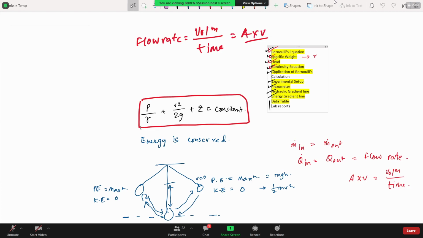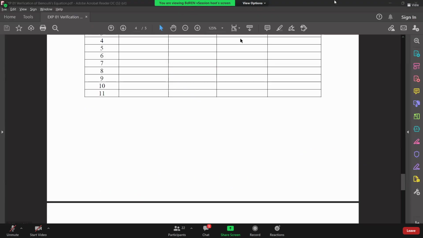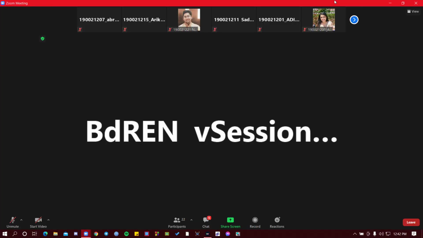And then the continuity equation, that is mass flow rate in equals mass flow rate out. These are some of the important concepts, nothing else. Clear about this part? Yes, sir. If you are clear, I can stop sharing my screen, and if you have any questions you can throw them at me now.